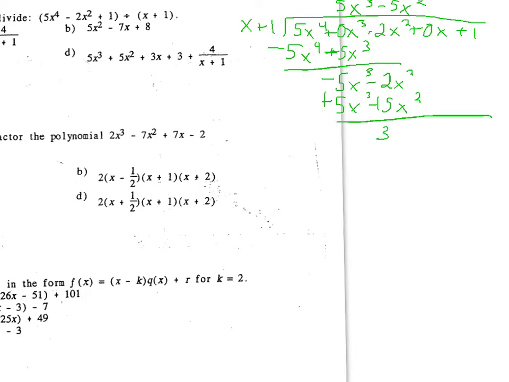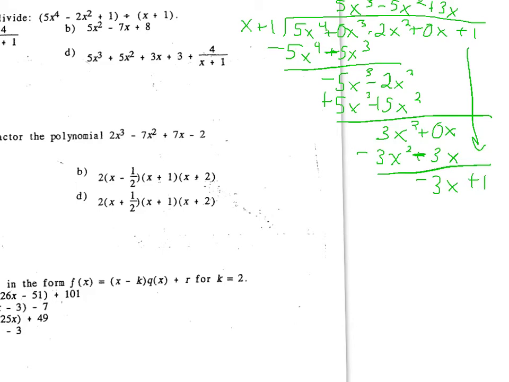So that gives us a 3x squared plus 0x. That would be a 3x. And that will be 3x squared plus 3x. And change the signs. So negative 3x plus 1. So we have a minus 3.